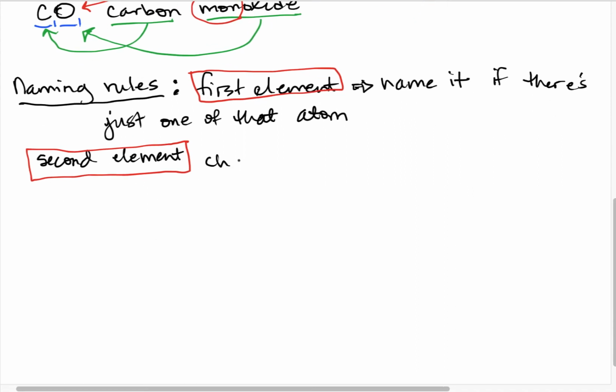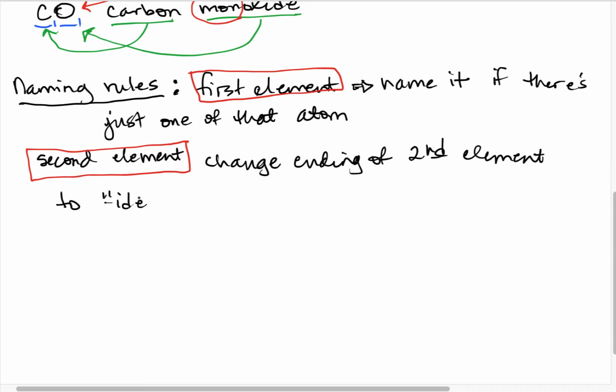So we're going to change the ending of the second element to end in "ide." So let's look at a couple of examples here. Oxygen became oxide. What if we had nitrogen?